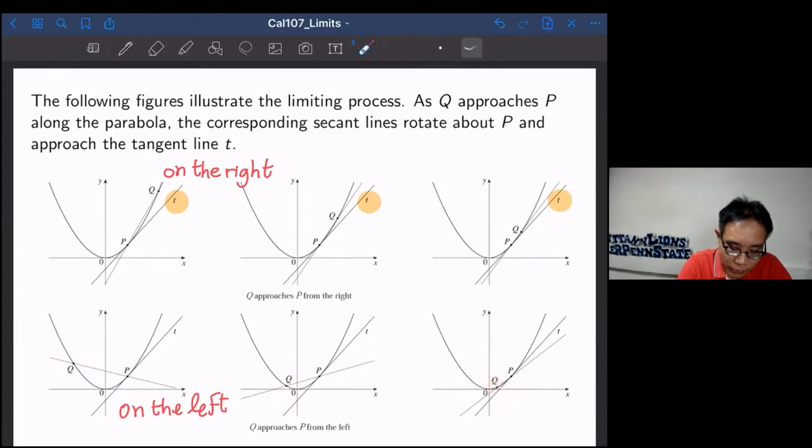And you see the secant line approaches the tangent line. Okay, so you have the right side and the left side. That is a very important concept of the limit that we're going to study next: the left limit and the right limit.